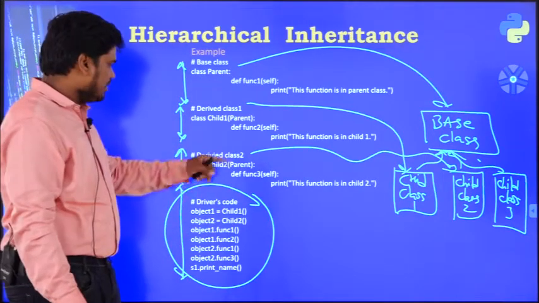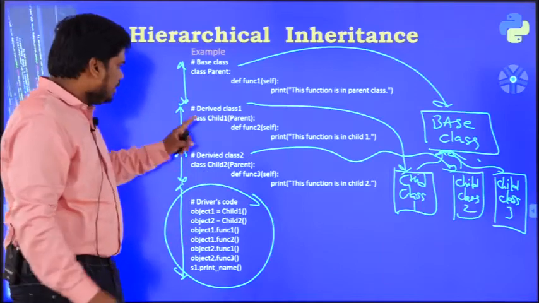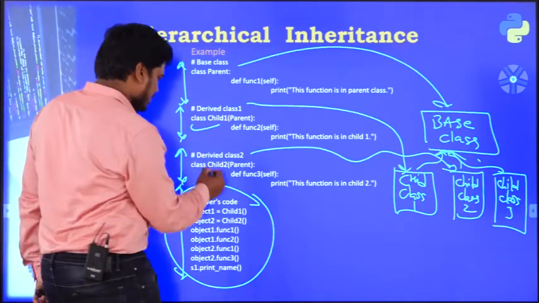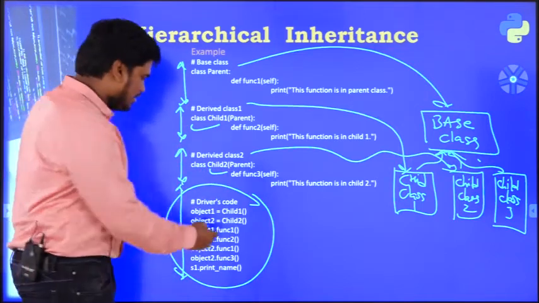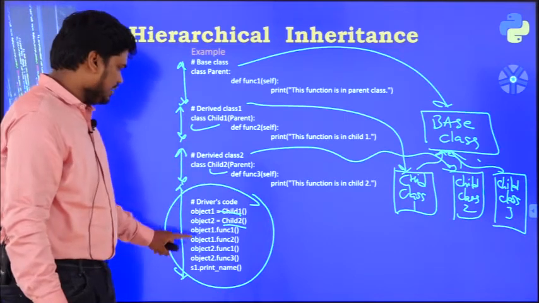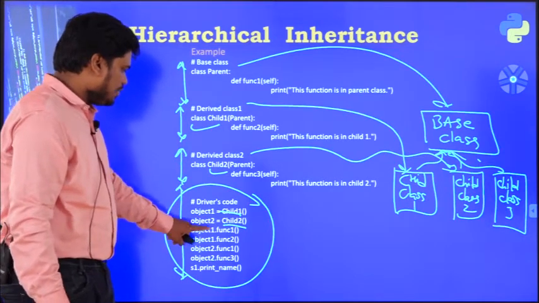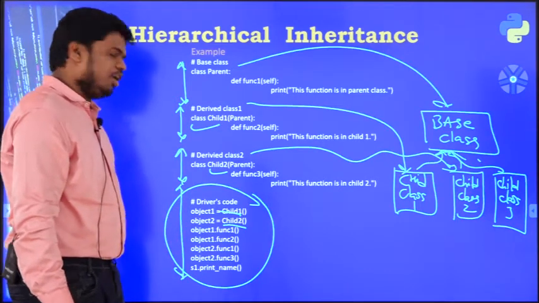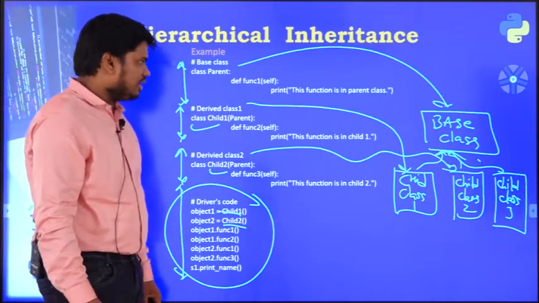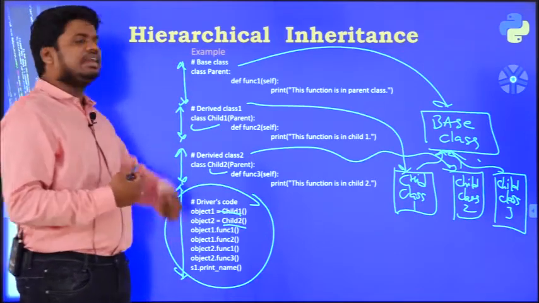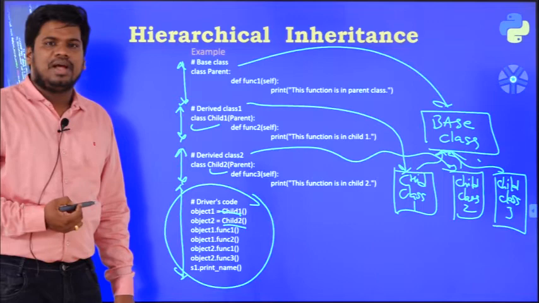So I will create the objects of two child classes, child1 and child2. Next, with the help of object1, I am calling function1 and function2, and with the help of object2, I am calling function1 and function2. So this is how hierarchical inheritance will work in Python.